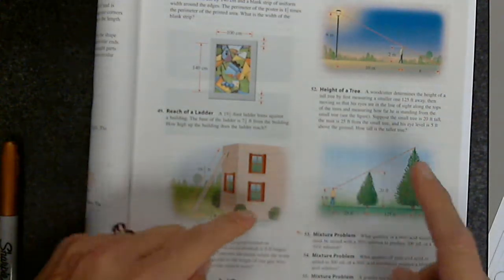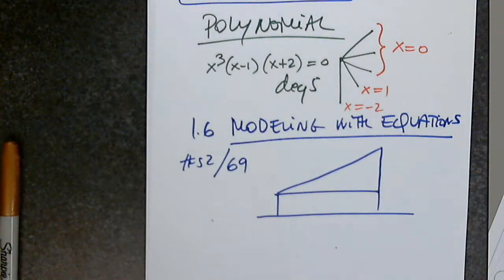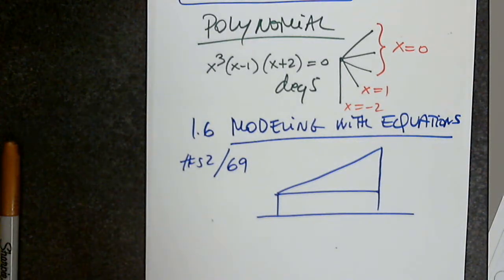A woodcutter determines the height of a tall tree by first measuring a smaller one 120 feet away. Then moving so that his eyes are in the line of sight along the tops of the trees and measuring how far he is standing from the small tree.